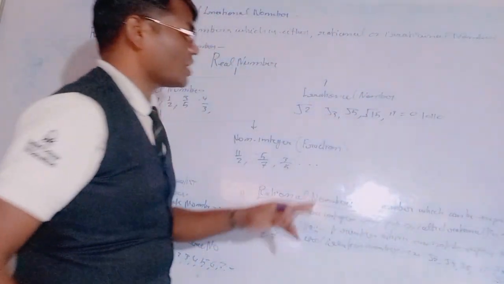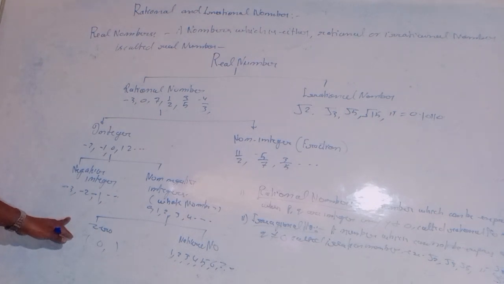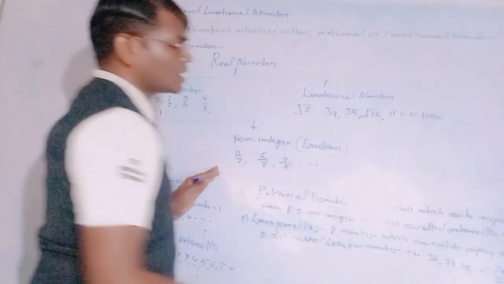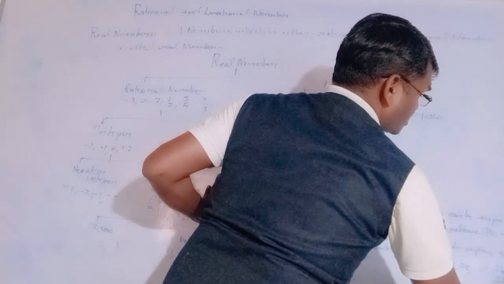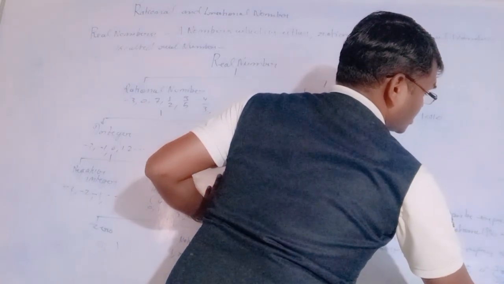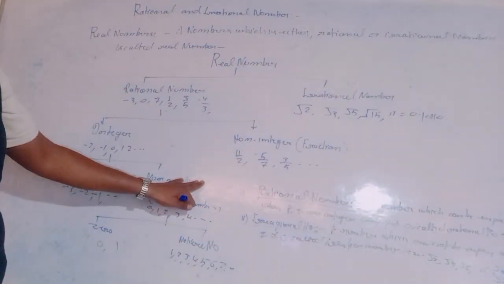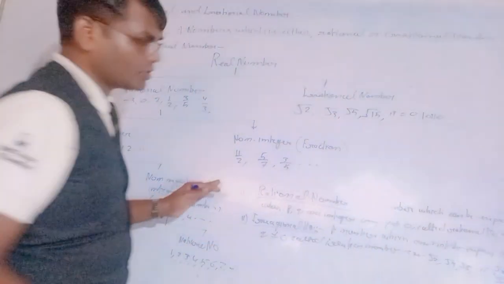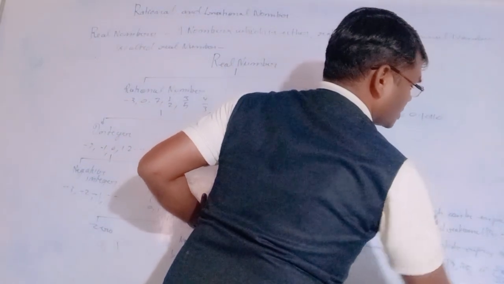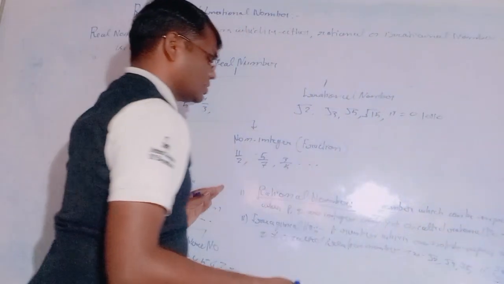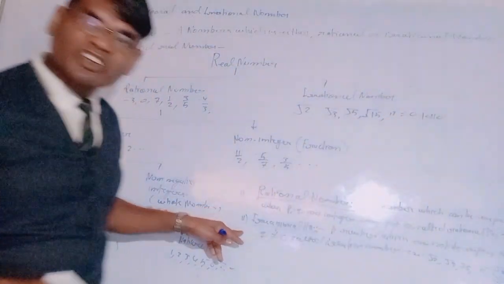These are irrational numbers. Non-terminating, non-repeating decimals like 0.1011011101110 are also irrational numbers.